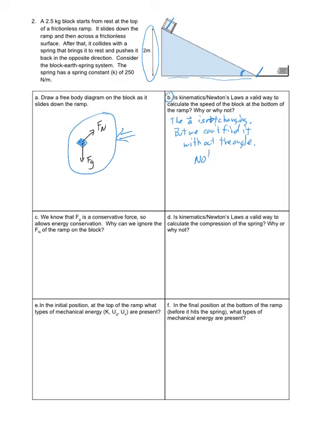Letter C says, we know that force of gravity is a conservative force, so it allows energy conservation, right? It's included in that gravitational potential energy. Why can we ignore the normal force of the ramp on the block? Again, it's because the normal force is perpendicular.